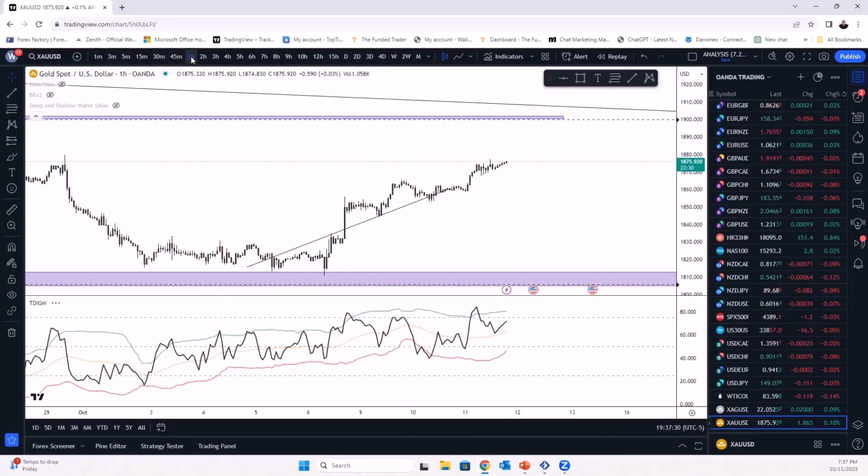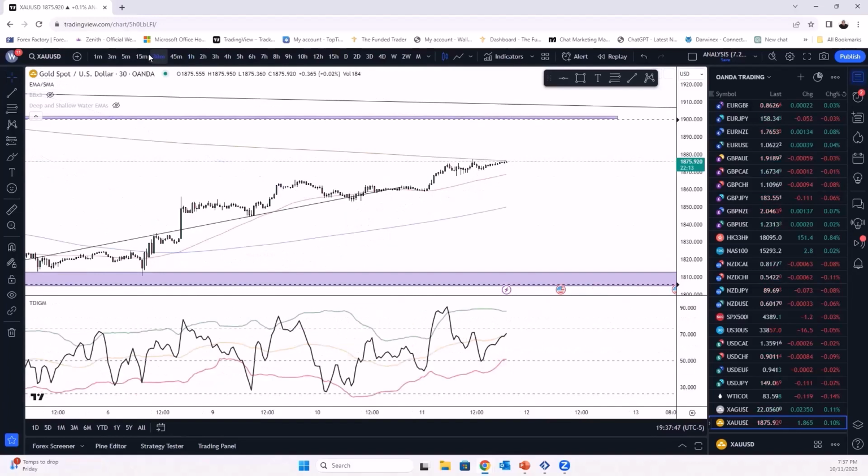Let's go to a lower time frame. So you can see the shark fin there. It pulled back. Now your shark fin divergence is there, so we should get a pullback in there. Let me see where my MAs are. Yeah, the MAs are acting as support. Go down a time frame lower.